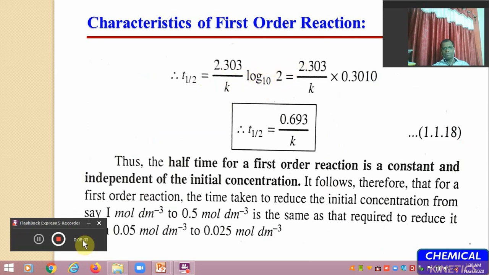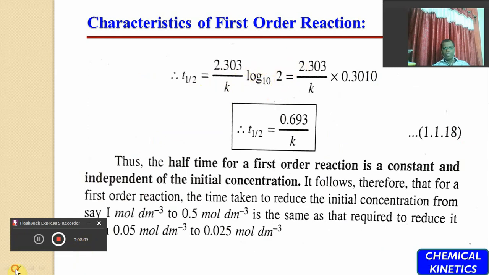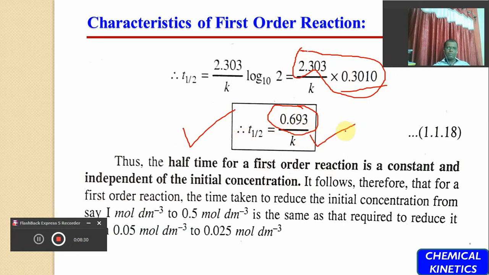That's why it will be simply log of 2, and the value of log 2 is 0.3010. By multiplying these two figures, we get 0.693. That's why finally we get the equation for t1 by 2, the half-life period of first order reaction: t1 by 2 is equal to 0.693 divided by k.